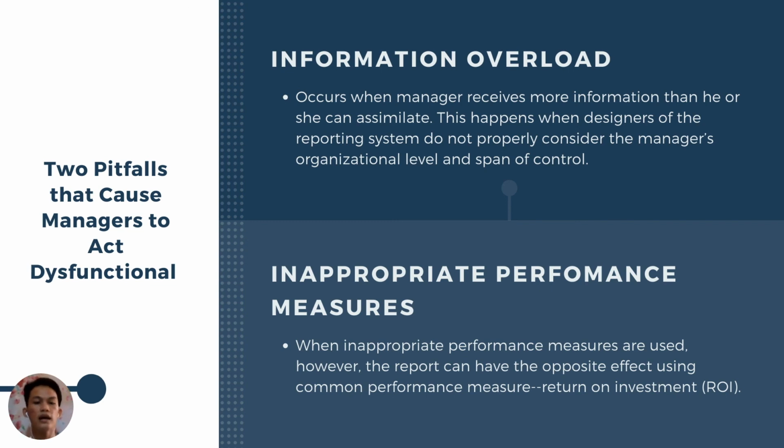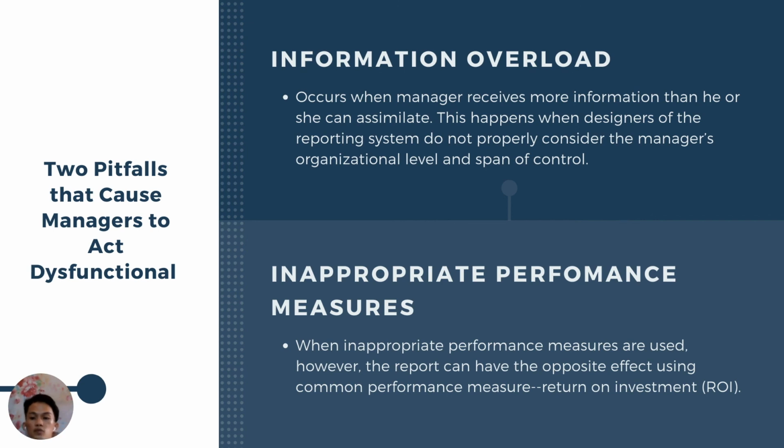Next one is inappropriate performance measure. When inappropriate performance measures are used, however, the report can have the opposite effect. Using a common performance measure, return on investment, ROI, assume that the corporate management of an organization evaluates division management performance solely on the basis of return on investment, or the ROI.